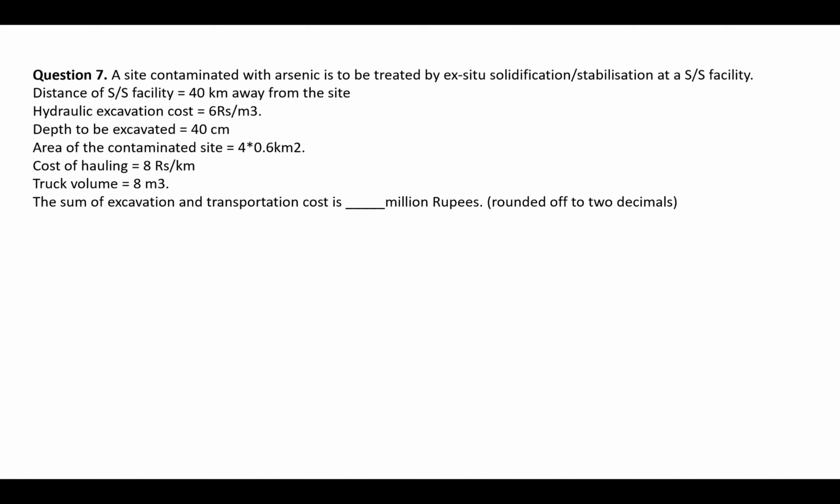Depth of the excavation is given. Area of the contaminated site is given. Cost of hauling and truck volume is given. So we have to find out the sum of excavation and transportation cost in million rupees, rounded off to 2 decimals. So again, I will give you 5 minutes. Please try to solve this question and write the value which you are getting. And then we will try to solve.